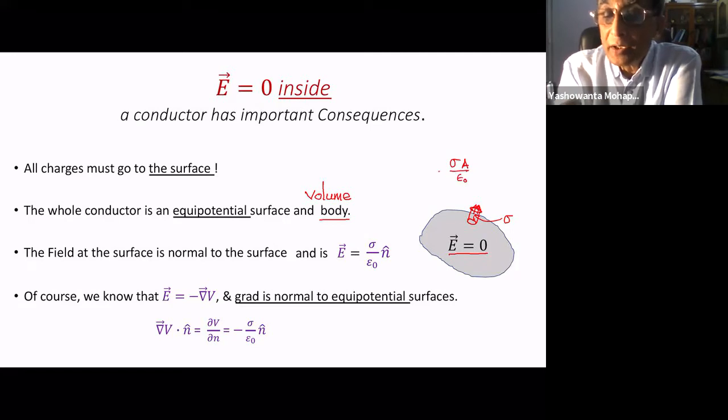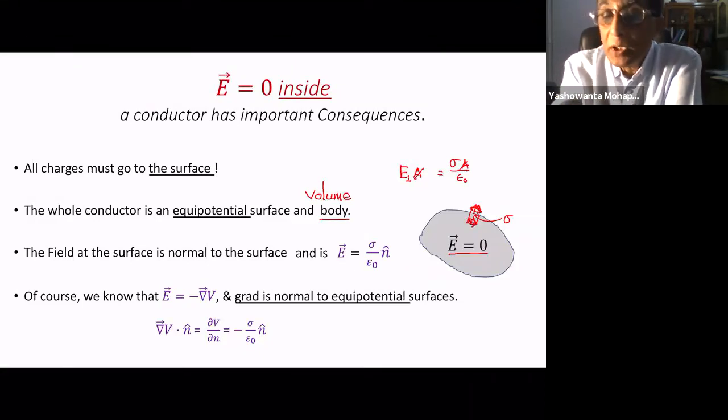Okay, and so what is the field? The field is E, that is normal, E perpendicular, which is to the surface, and A. Okay, so A cancels, because this is 0.